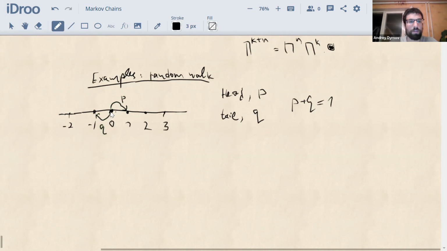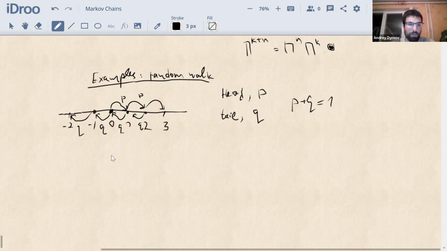So I'm sitting at a given position, and I go to the right with probability p, and I go to the left with probability 1 minus p, which is q. Such a simple story. Here we can ask various questions.